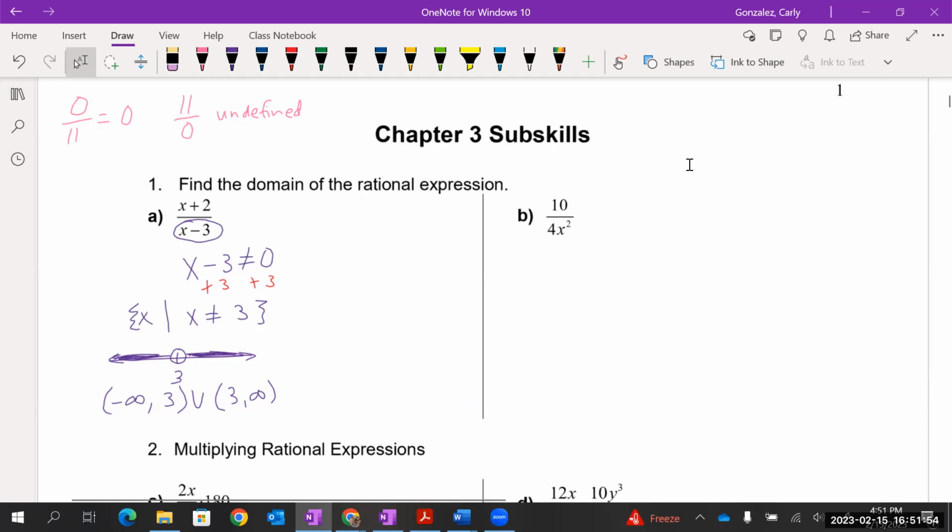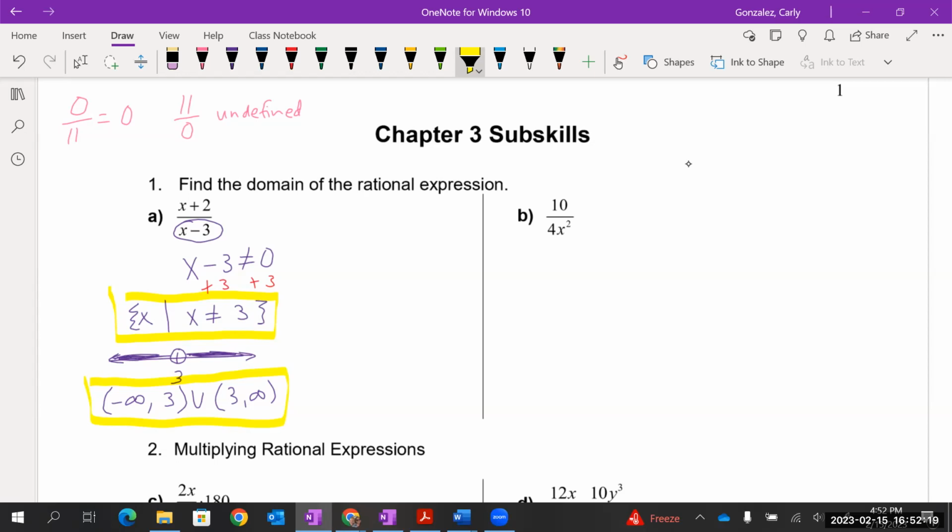Okay, so our domain of the expression x plus 2 divided by the quantity x minus 3 is x cannot equal 3, or in interval notation, it's negative infinity to 3 union 3 to infinity.